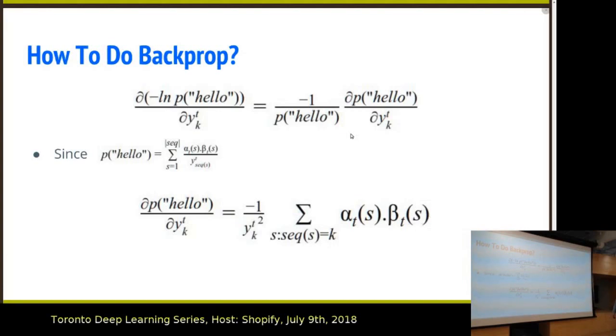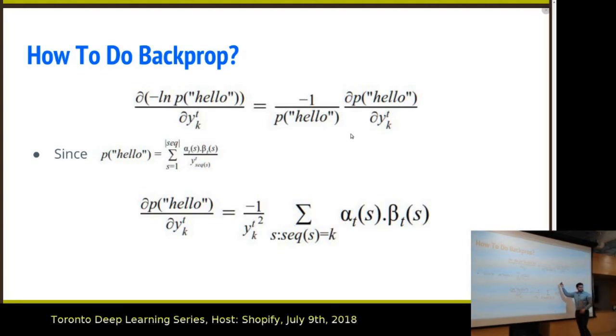So as I said, we would like to minimize minus log probability of hello. The first part is easy. The derivative of log of p of hello is just 1 over p of hello. The other part is the trickier part.